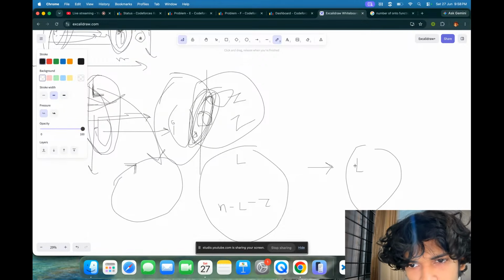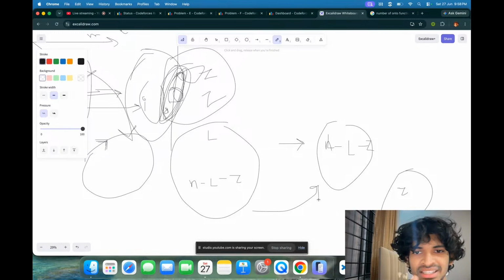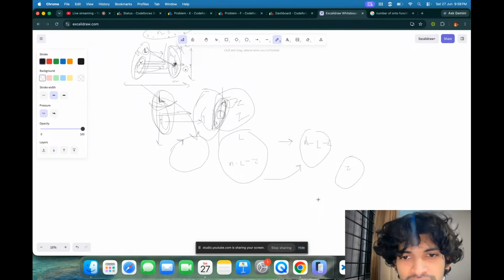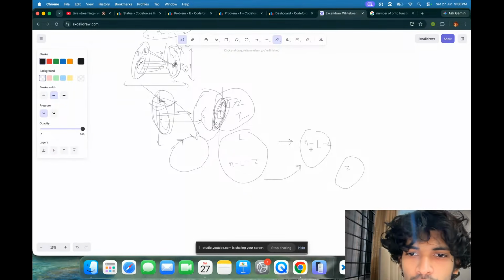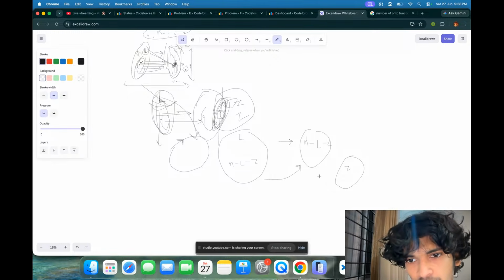n minus L minus Z, because these jet things are cycling themselves. And then what is this? This is the perfection that we want, where there are no self loops, no independent things. Whatever this is that we want.